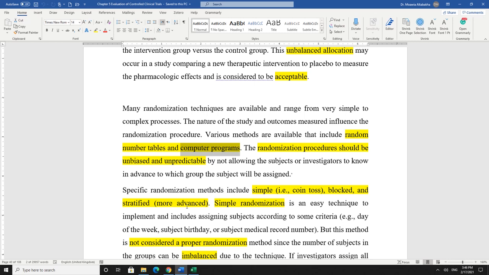What is more advanced? More advanced is stratification. And for stratification to be useful, I need to do it along with blocked design. So stratified, blocked, in order to have an equal number of subjects and equal distribution of risk factors in the two groups.